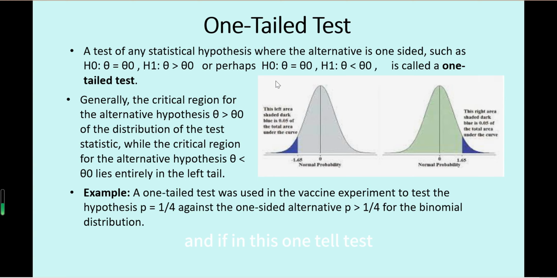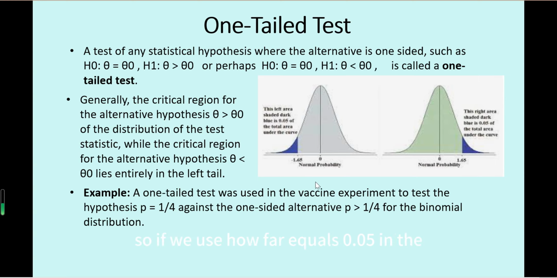And if in this one-tailed test H1 is theta less than theta 0, and we get a test statistic less than minus 1.65, for example, then we also say the test is significant, because in a normal distribution, if the critical value is minus 1.65, this shaded area also has probability 0.05.